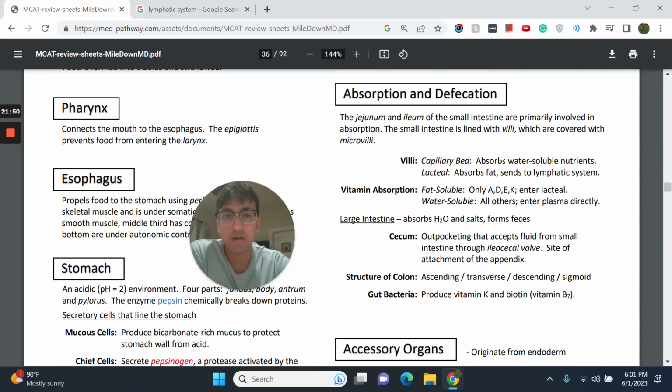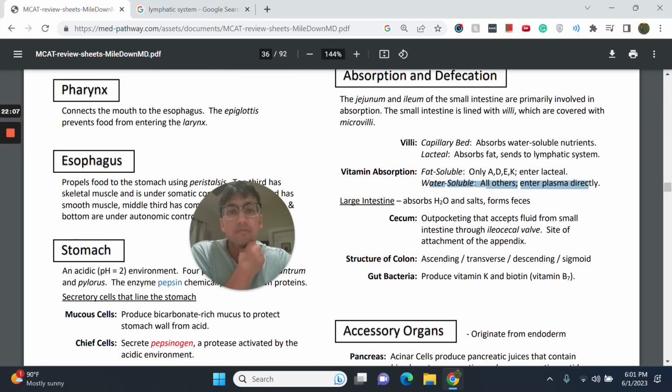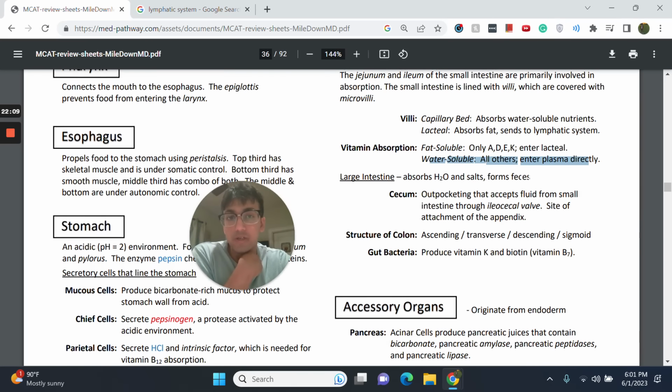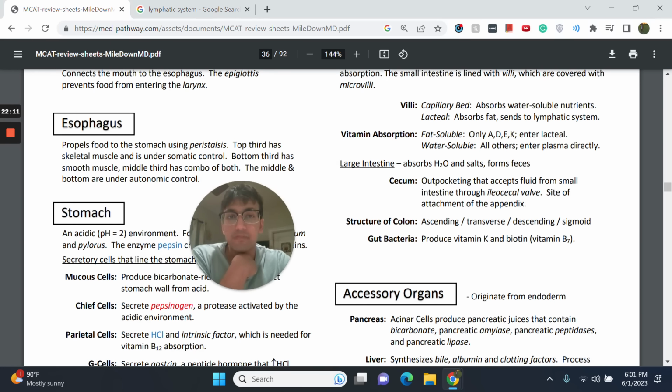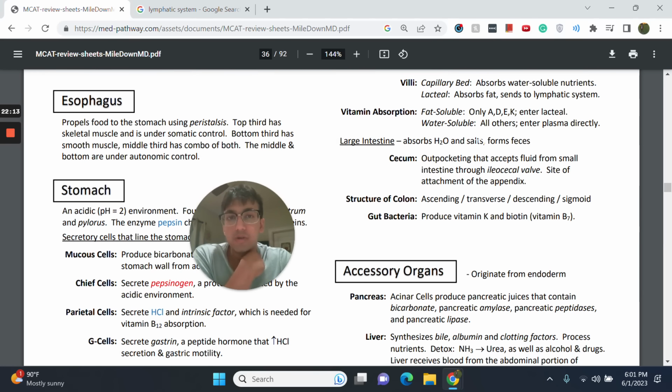In the villi, the capillary bed helps you absorb water-soluble nutrients, and the lacteal helps you absorb fat-soluble things and sends them to the lymphatic system. So you can remember that fat-soluble are ADEK, and water-soluble are all other vitamins. Because they're water-soluble, they can enter the plasma directly. The large intestine absorbs water and salts and forms feces.